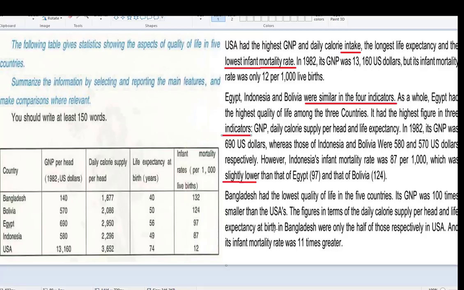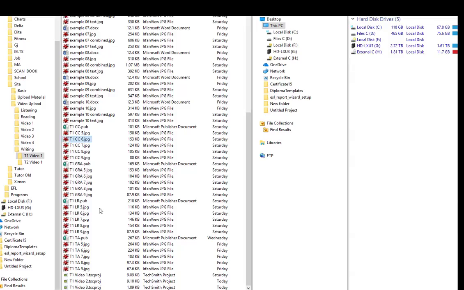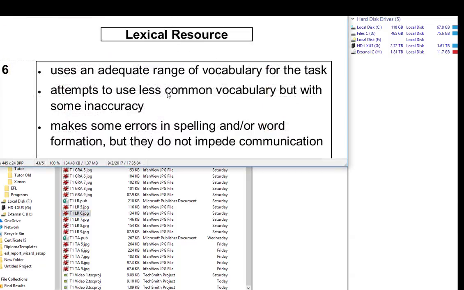Oh, tables can be difficult to write about. Figure. Okay. So, adequate range. But there's not much original vocabulary used. Too much is taken from the prompt and from the actual table.